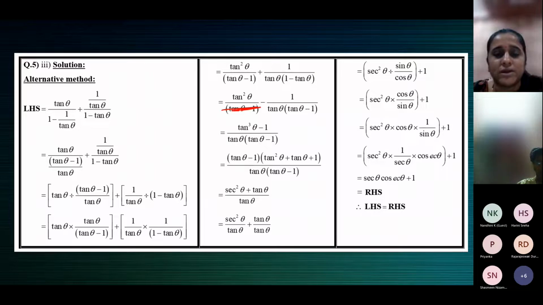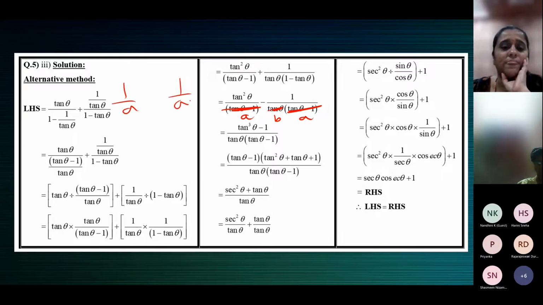This one, tan theta minus 1, I'm calling it a. This one, I'm calling it a. And say this is b. So a and ba, what's the common denominator for a and ba? For a and ba or ab, the common denominator is ab. You have 1 by a and 1 by ab. So ab is the common denominator.